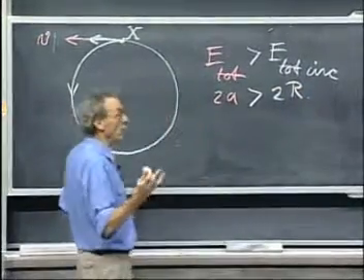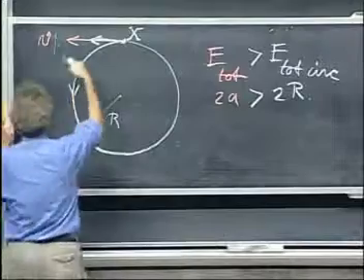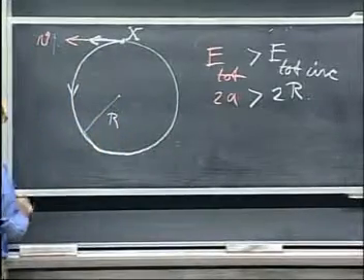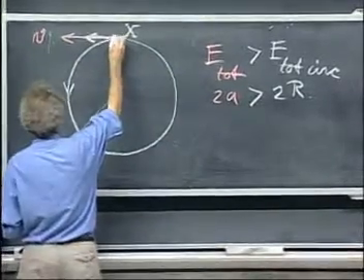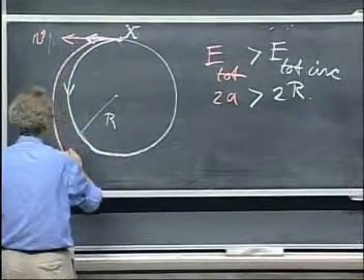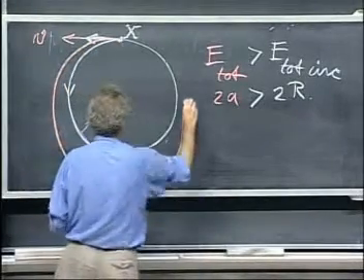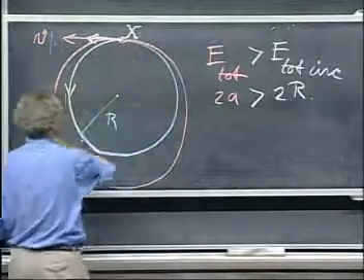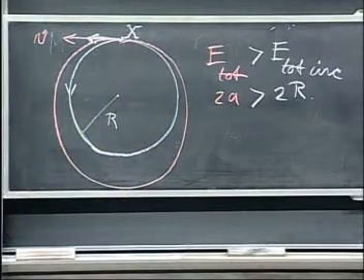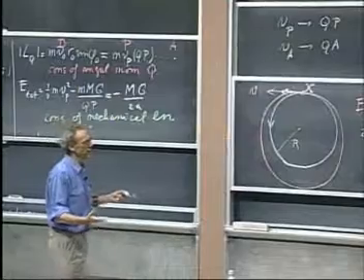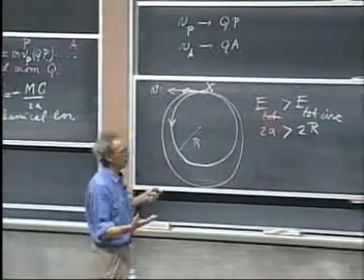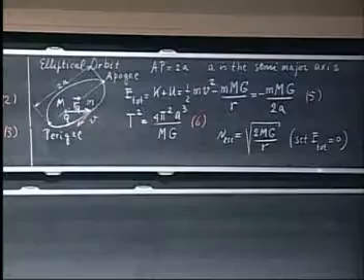I now go into an elliptical orbit because the new velocity is no longer the right velocity for a circular orbit. And so what's going to happen, I'm going to get an elliptical orbit, like so, whereby 2a must be larger than 2r because my total energy is larger. And you see that immediately when you go to equation number 5.